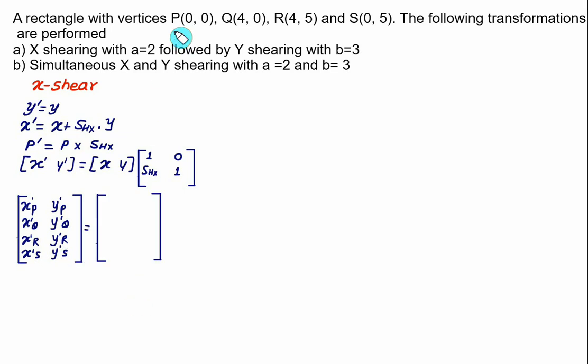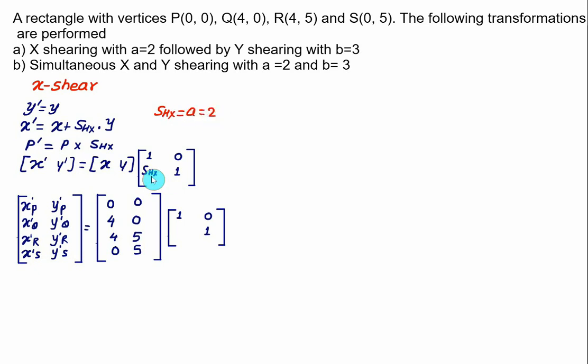The coordinate of point P is 0 0. Q coordinate is 4 0. R coordinate is 4 5, and S coordinate is 0 5. We have to use the value of shx equal to a, which is 2.